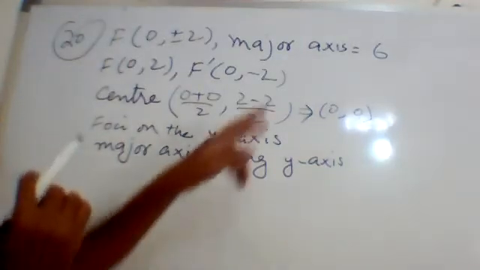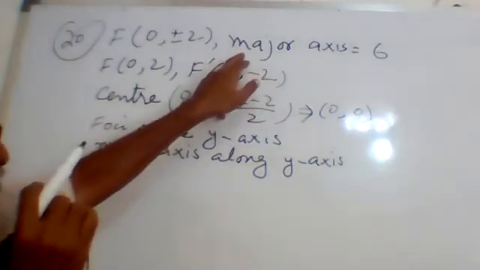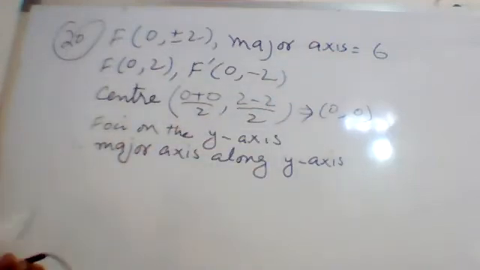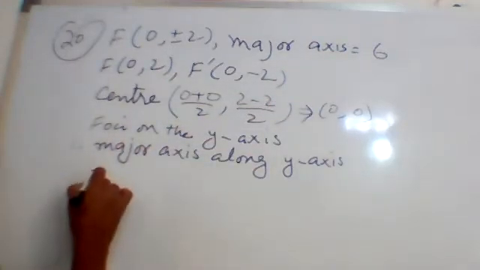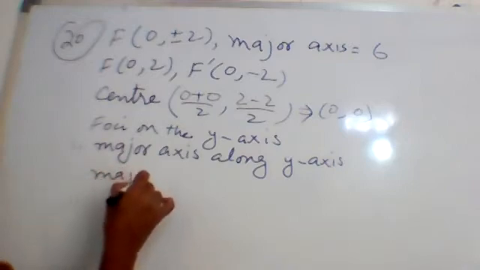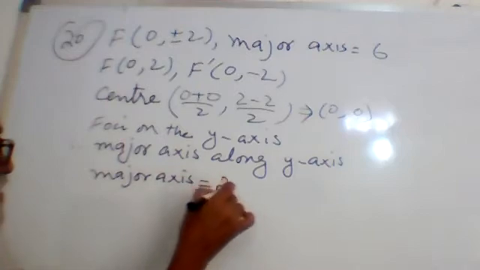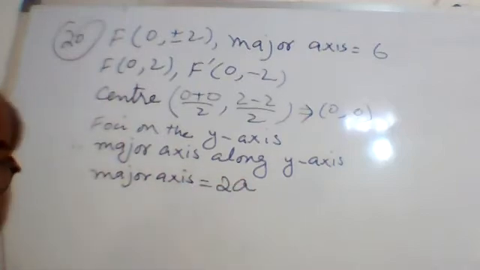Now the other thing, the major axis is 6. Last time I told you 2a is the major axis. A is the semi-major axis and double of that one is the major axis.